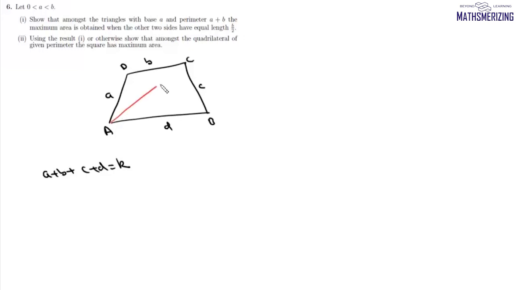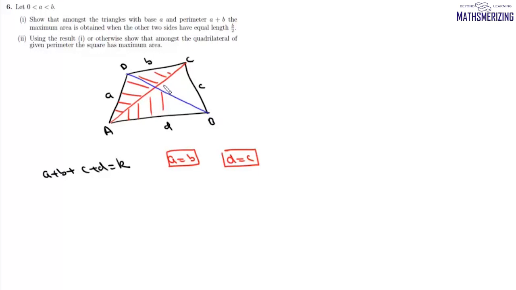Now we consider this diagonal AC. Then for a fixed value of AC, this triangle will have maximum area when the lengths of the other two sides are equal. That means from here we get the condition that AB is equal to BC. In the same way, the area of this triangle will be maximum when DA is equal to CD. Now we consider triangles along this diagonal BD.